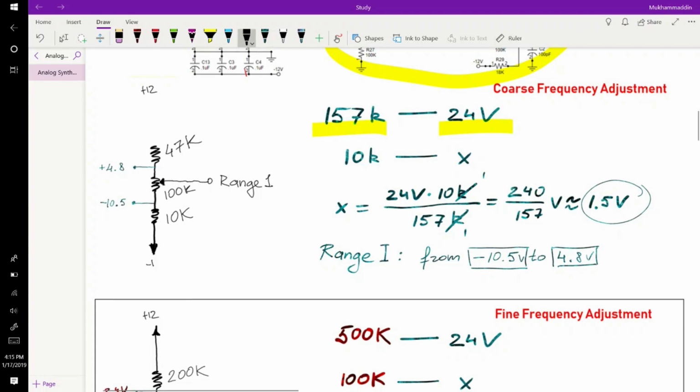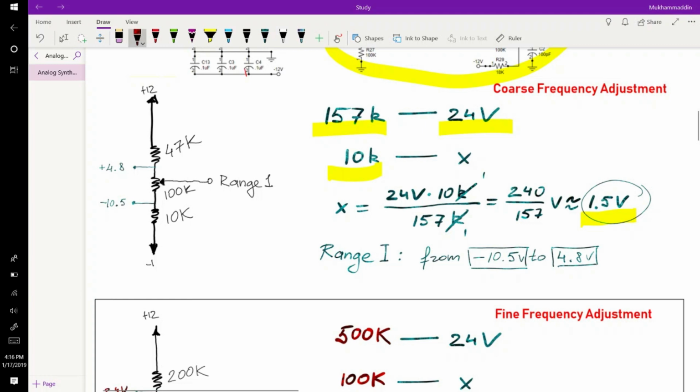Oh, did I delete that? Yep, sorry about that. And we have, since all of these resistors can be split up into 10K resistors, I just find the voltage associated with each 10K resistance, and it is 1.5 volt.